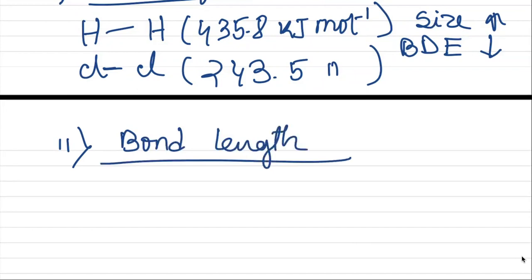Now next is bond length. Obviously, the shorter the bond length, the larger will be the value of bond enthalpy. If bond length is shorter, bond enthalpy will be large.